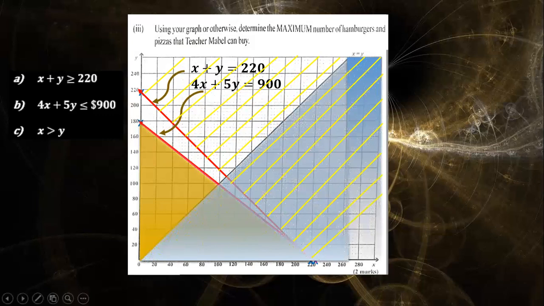Notice I did not overwrite the line x equals y because I am not considering any point on the line as being valid to this region under consideration. So now that we have done all of that, let's examine the region that satisfies all three expressions.